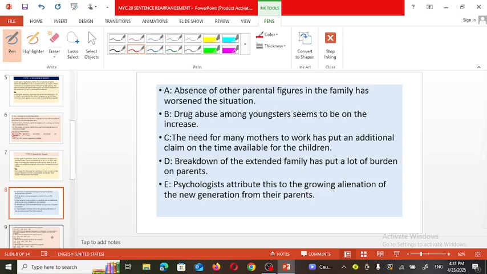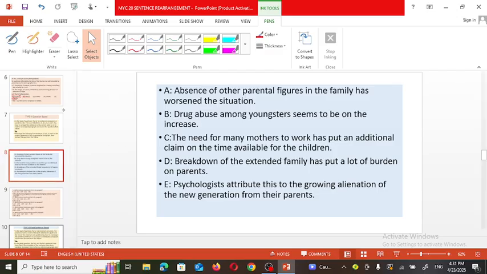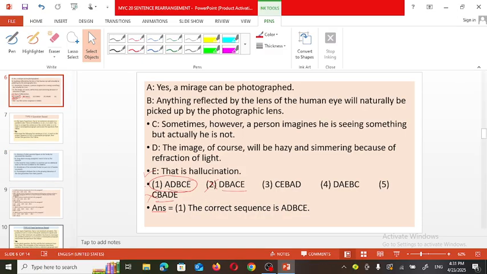So, after reading all these sentences, this question is a little bit more difficult as compared to the first type of question, because in the first type of question you are getting these options and you are easily able to get your correct option when comparing them.